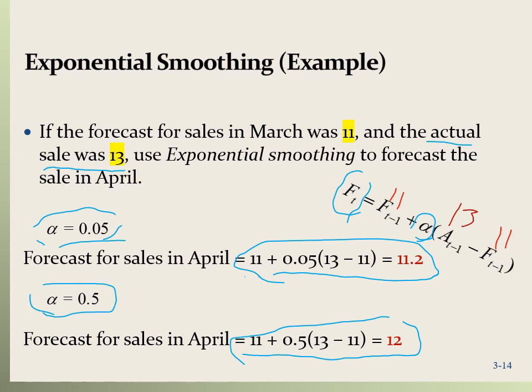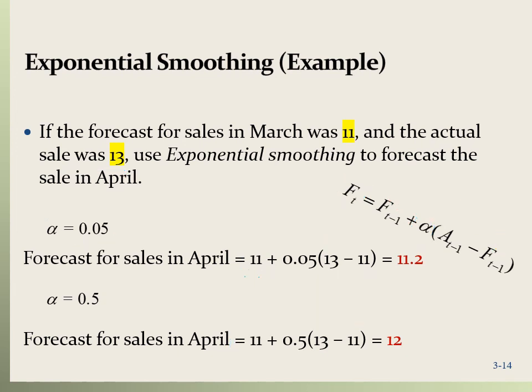So that's how it would change based on the smoothing constant value. But which one should you pick? Should you pick 5%? Should you pick 50%? Or should you pick any value between these, or even greater than 50% or less than 5%? Let's figure it out.